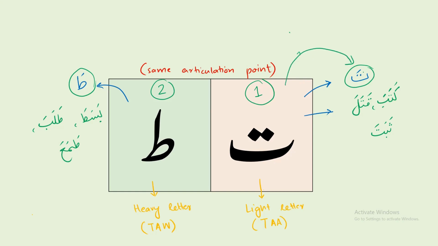If you place a fatha on top of it, the sound will be ta. For the second one, if you place a fatha on top of it, that will be pa. Pa. I am just using the same procedure. The tip of the tongue is there at the roots of my upper front two teeth, but it is a heavy sound and I say pa.